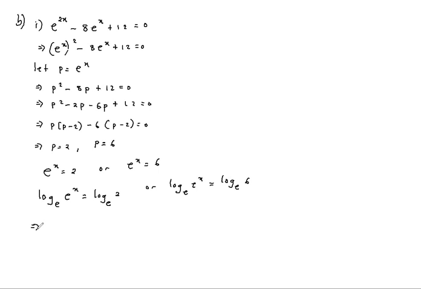In the first one, the x will come down and log e becomes 1. Then log e, remember we said we can write it as ln, so x is equal to ln 2, or x is equal to ln 6. So these are the values of x, the exact values of x.